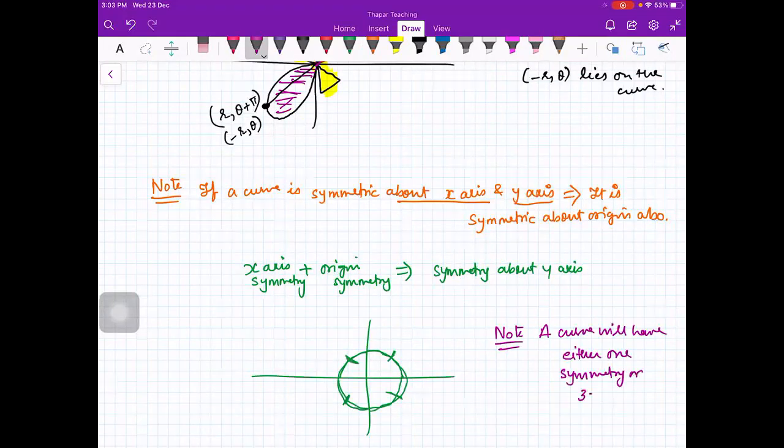So in a question, if you check and the first symmetry is there but the second is not, you don't need to check the third one, because if the second is not there, the third cannot be there. And if you check the first symmetry and it is there, and the second symmetry is there, then again you don't need to check the third, because automatically it will be there.